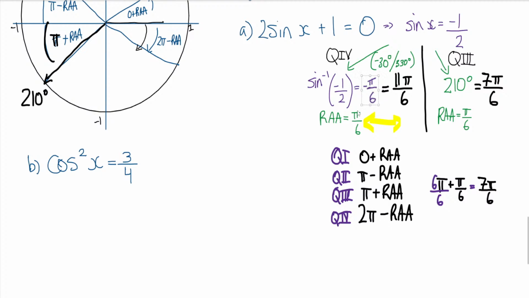From that value our calculator gives us, we're going to get a related acute angle, and then we're going to think of everything that works with that same related acute angle. Do you feel comfortable trying that? Okay. Let's do it.